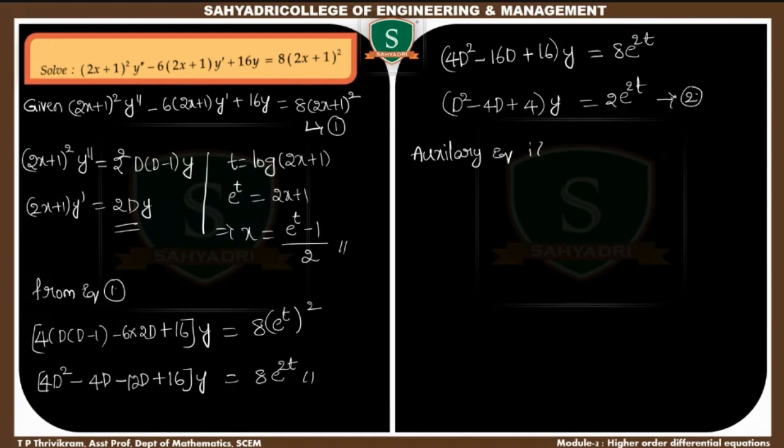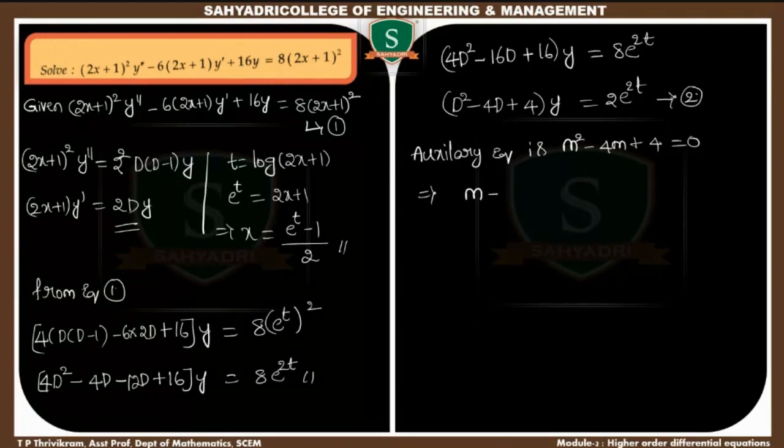The auxiliary equation is m square minus 4m plus 4 equal to 0, implies (m minus 2) whole square equal to 0. Then what will be the roots? The roots are repeated: m1 equal to m2 equal to 2. When you get repeated roots, what will be the complementary solution Yc?